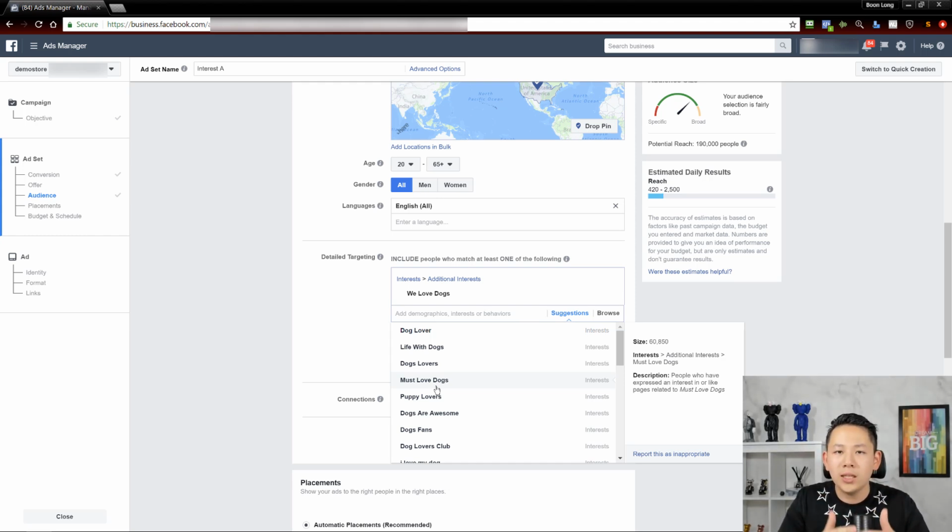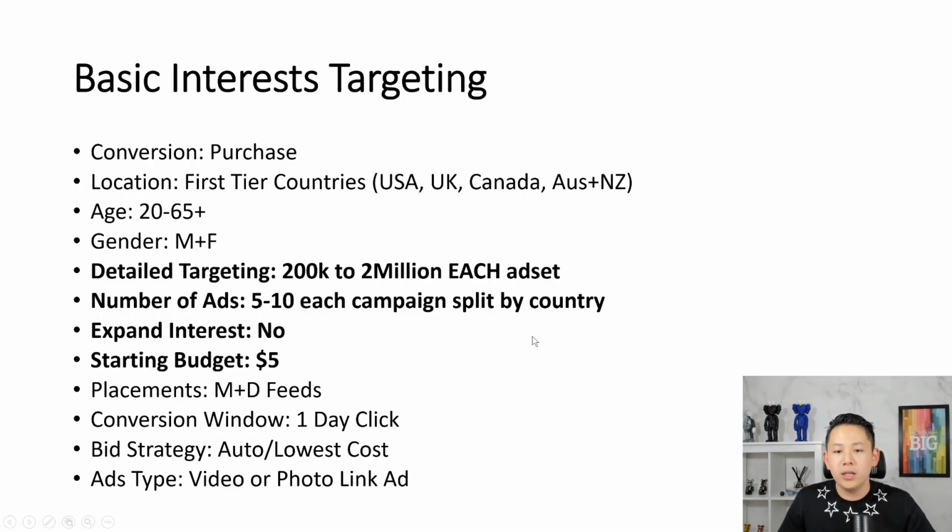For us as a start, this is always the strategy that we use to target passionate buyers out there. To recap, we target 200K to 2 million people in each ad set, 5 to 10 ad sets each campaign, split by country. Do not expand interest, and you start off with a starting budget.